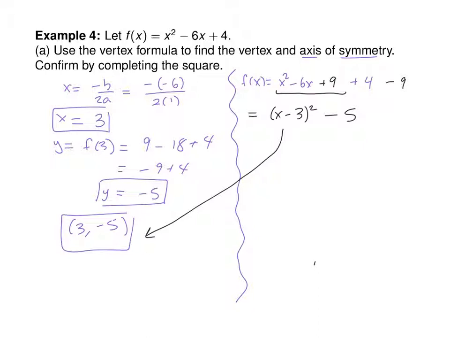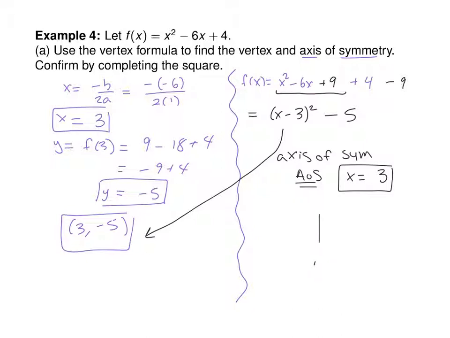Alrighty. The axis of symmetry? Sometimes I abbreviate that AOS, just FYI. That might not be uniform, it's just me trying to be faster. It is the vertical line x equals 3. The axis of symmetry always goes through the vertex. Does that make sense?